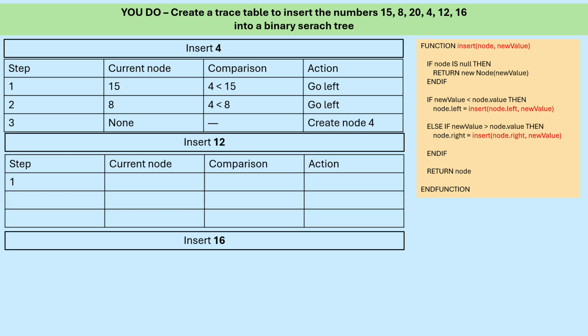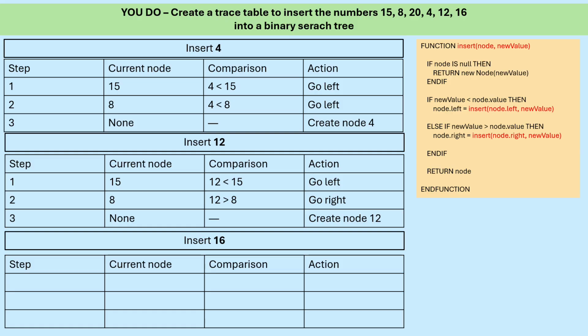Number 12, compare it to 15, we compare it to 8, and then it's going to be placed on the right side of the number 8. And finally, we have the number 16. Okay. And that's what it will look like.